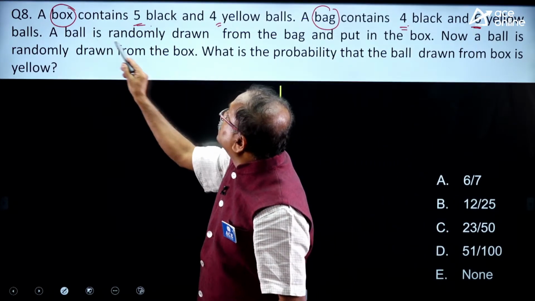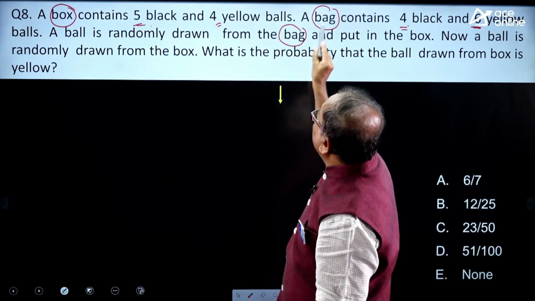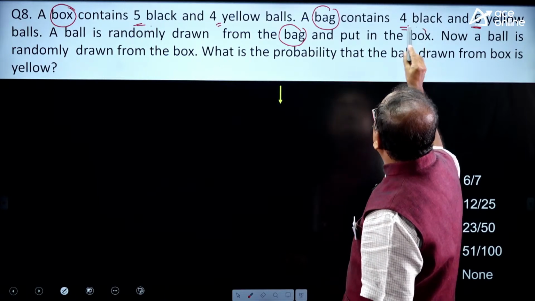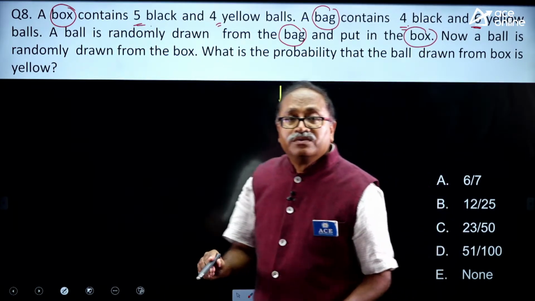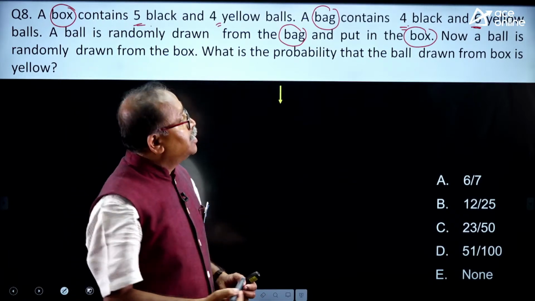A ball is drawn from the bag. From the bag you are taking out a ball and putting it in the box. So you are placing that in the box.